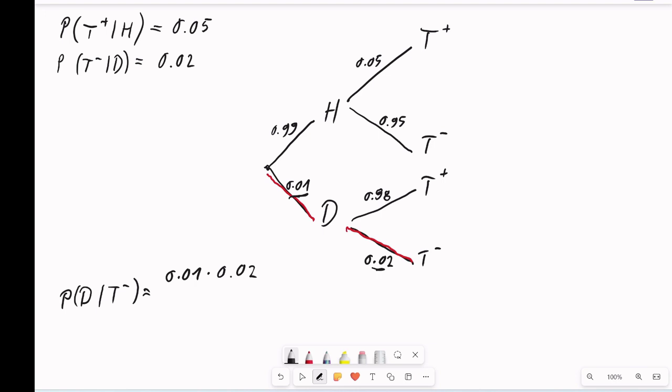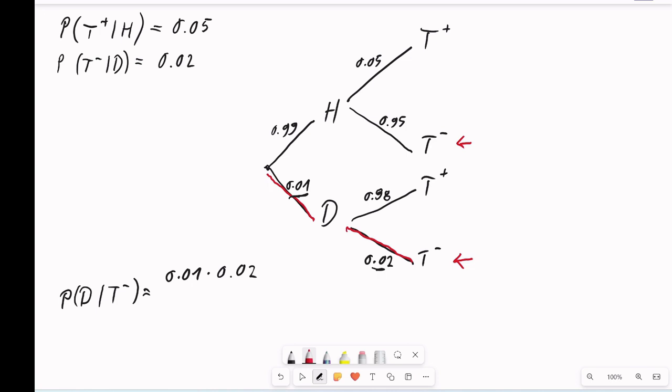But actually, that's not what we're looking for. We're looking for the probability of disease given a negative test. So what's the probability somebody has the disease among all of our negative test outcomes? For this, we have to look at this negative test outcome and this negative test outcome. So this is going to be our denominator.